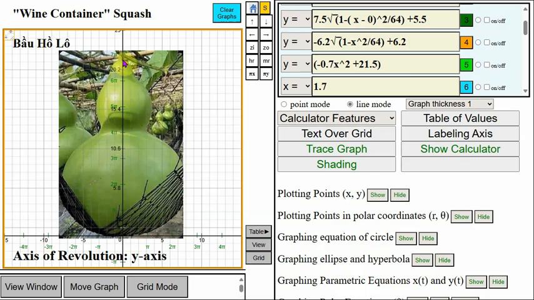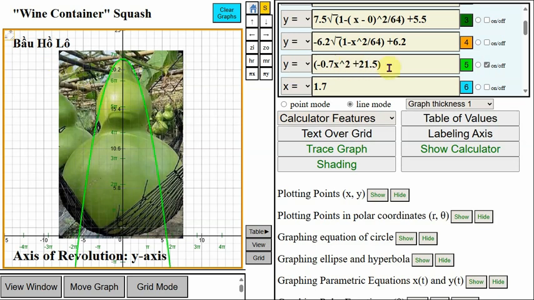And so I'm going to find the equation for this curve right here. This part looks like an upside down parabola, and so I'm going to try to fit it with an upside down parabola, or a parabola that opens down.